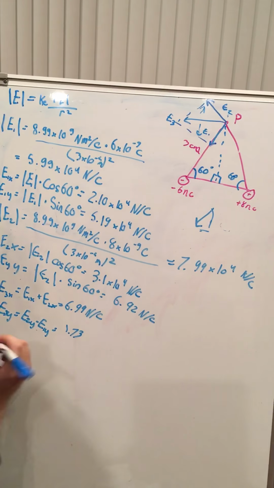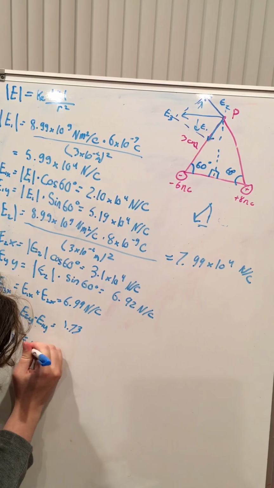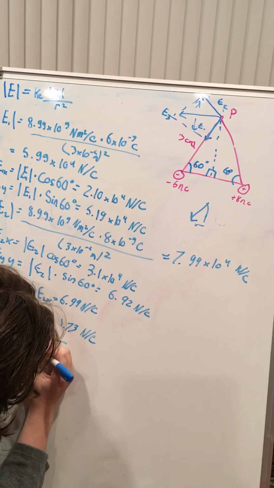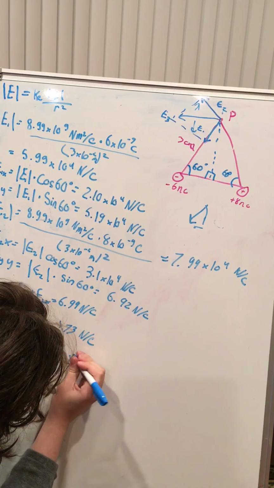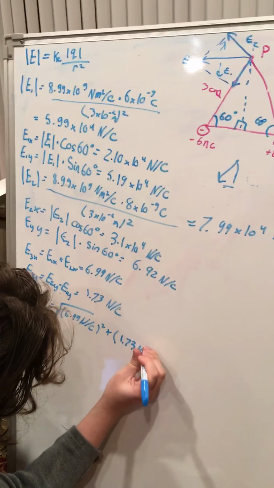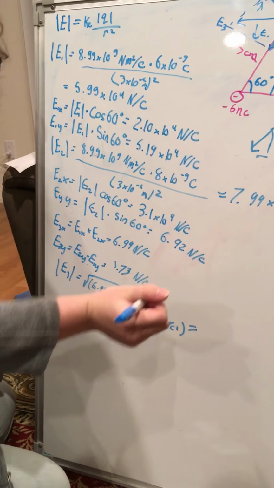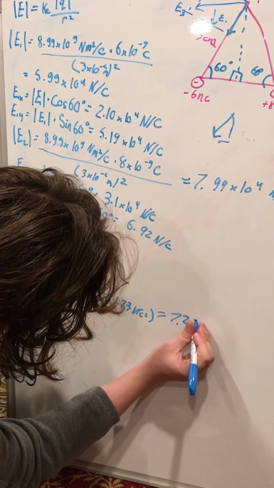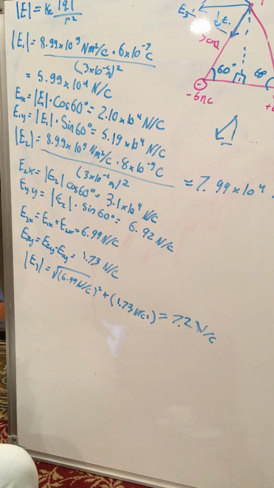So we get that, therefore, the magnitude of E3 equals the square root of, I forgot the units there, of 6.99 newtons per coulomb squared plus 1.73 newtons per coulomb squared. And when you do that calculation, it works out to about 7.2 newtons per coulomb. So now we have the magnitude of our field.